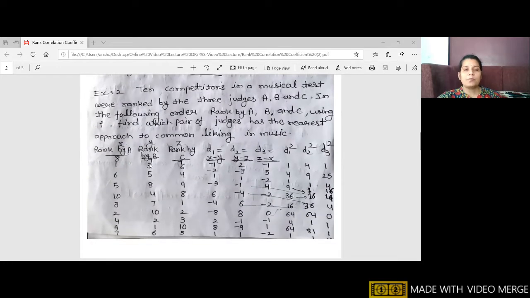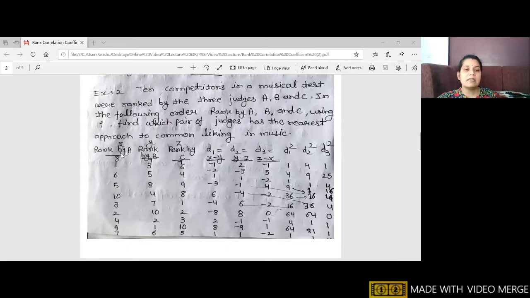Okay, so in the solution we are given three columns: rank by A, rank by B and rank by C. We consider rank by A as X, rank by B as Y and rank by C as Z. These three columns are already given. Rank by A is 8, 1, 6, 5, 10, 3, 2, 4, 9, 7.